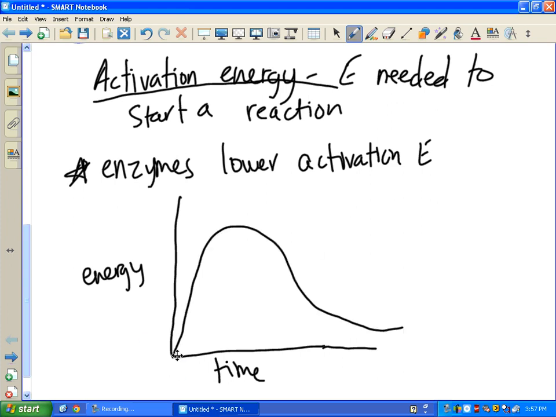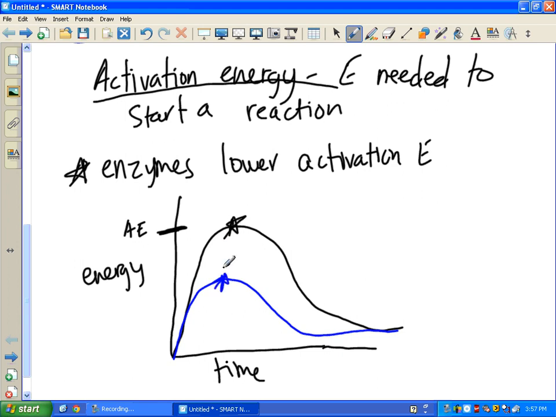You're putting in all this energy, and then once you get to a certain point right here, that's the activation energy, then the reaction's able to happen. If you have an enzyme in the mix, the reaction becomes easier to happen because the enzyme lowers the activation energy.